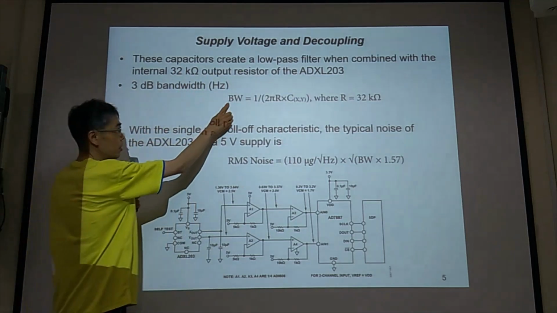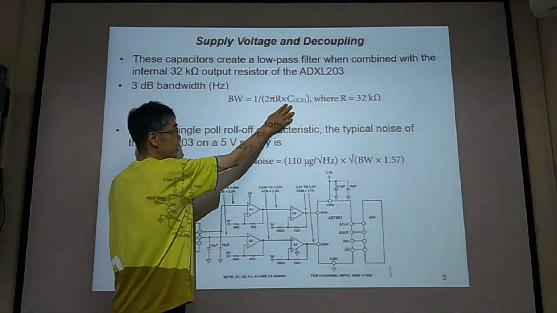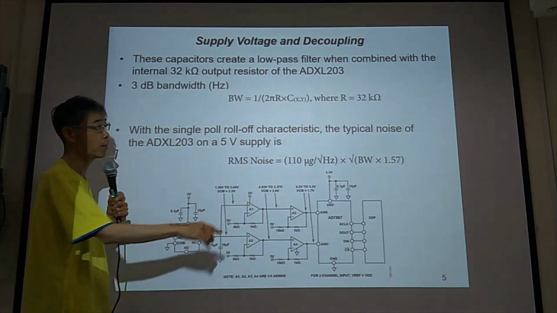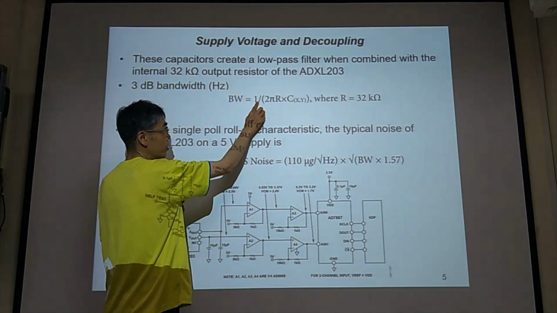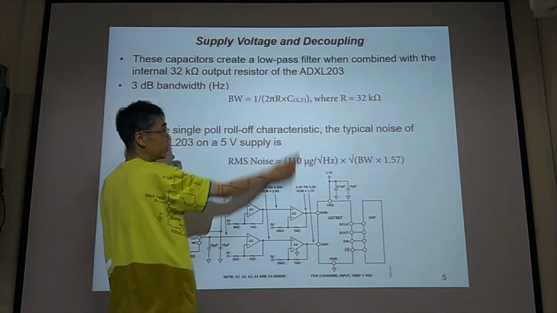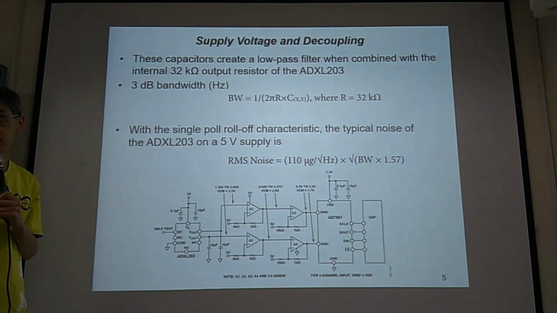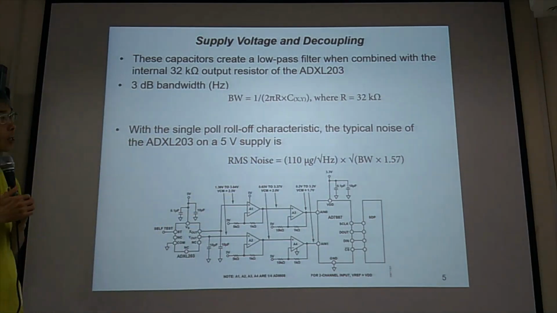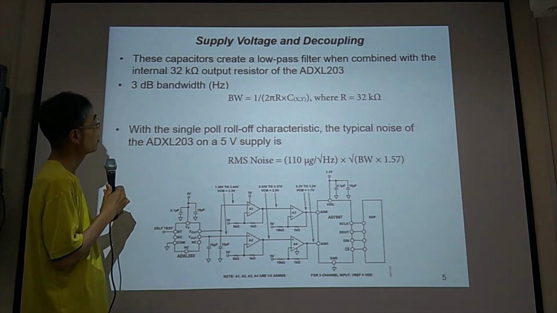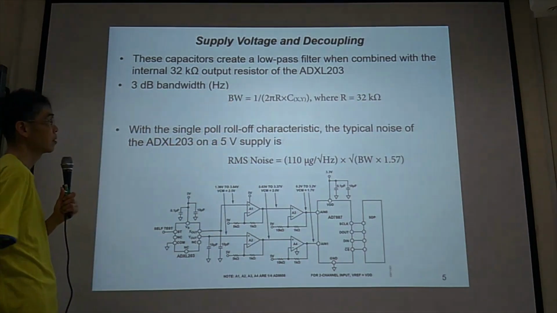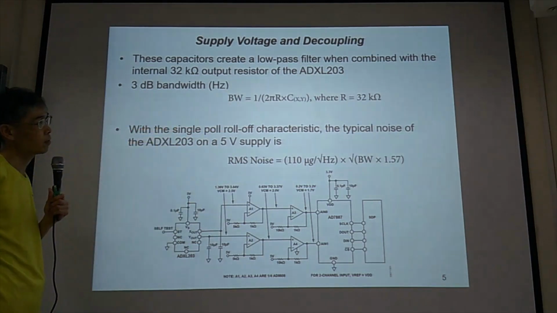Then the bandwidth equals 1 over RC. But we want to see frequency, so you divide it by 2 pi. 1 divided by 2 pi RC is the bandwidth, unit hertz, Hz. So this is the bandwidth, the 3 dB frequency bandwidth.